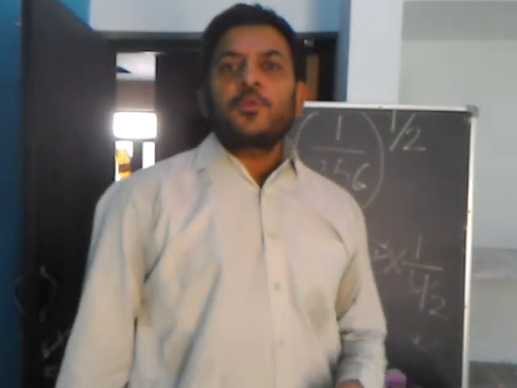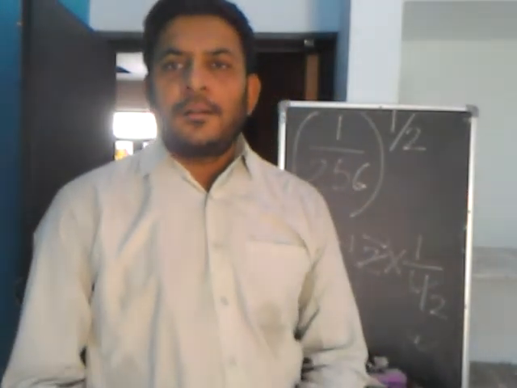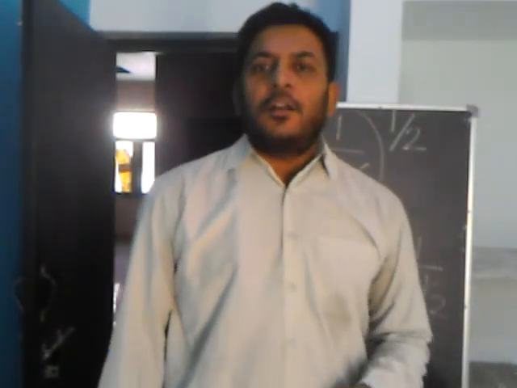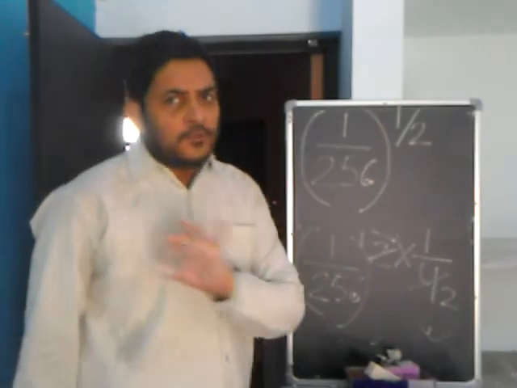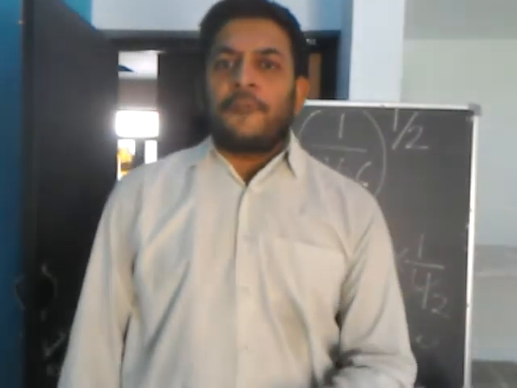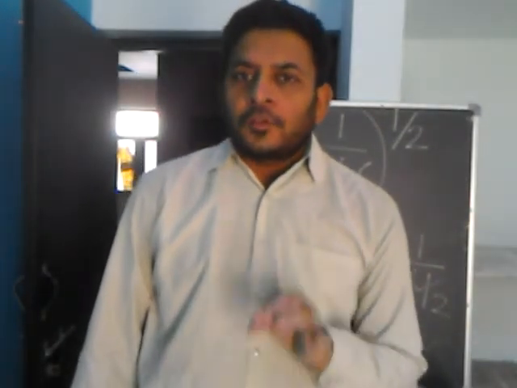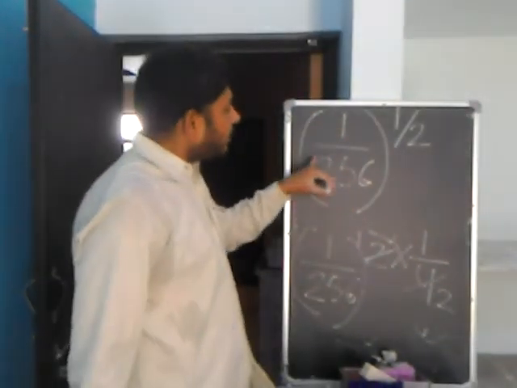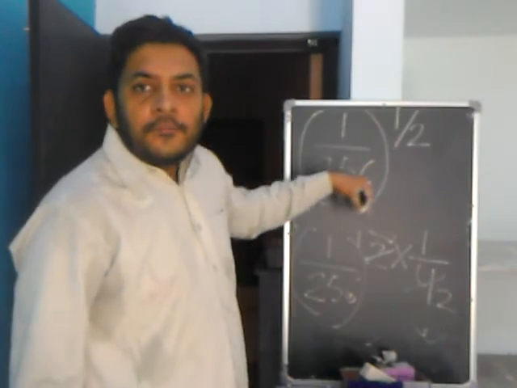Now power 1 by 2 means square root, we all know. The square root of 1 is no problem, because the square root of 1 will be 1. Problem is with 256.